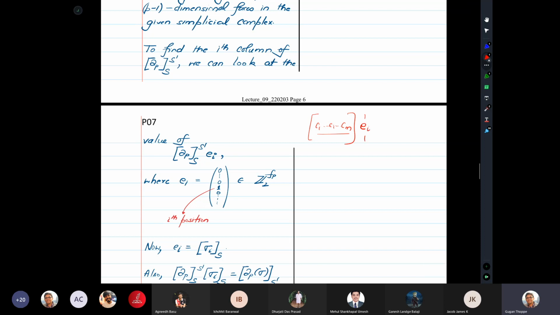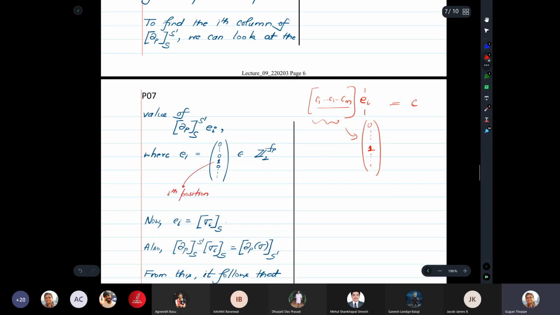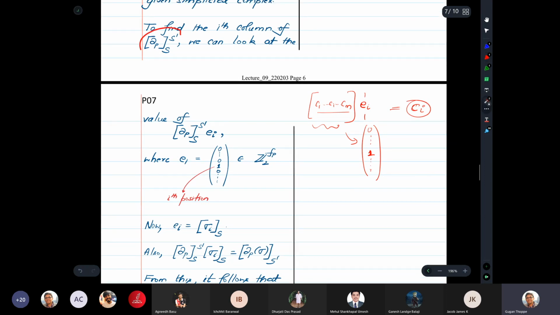So what is this vector Ei? It has zeros everywhere except in the ith position where it is 1. So if I take this matrix and multiply it with this vector, I hope you agree that the answer would be Ci, right?